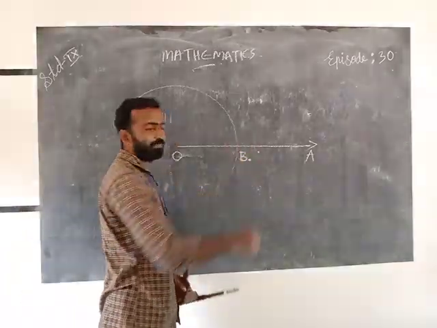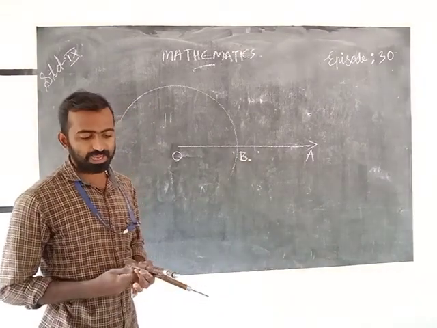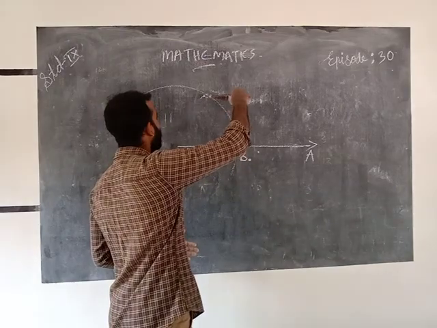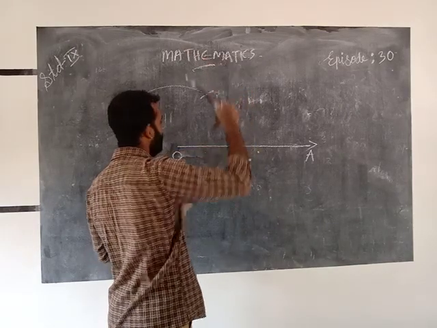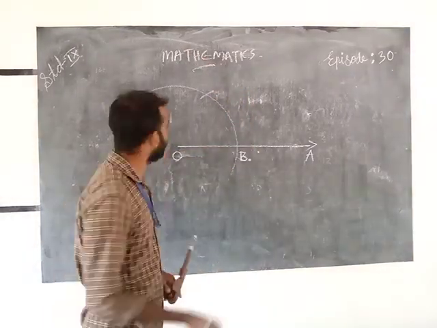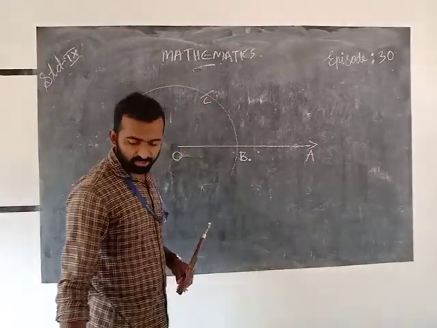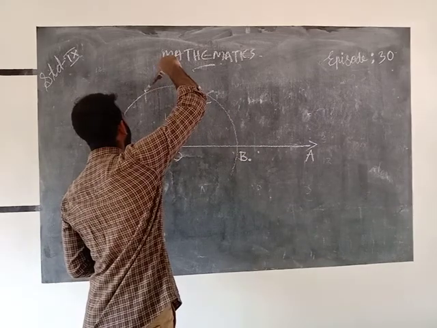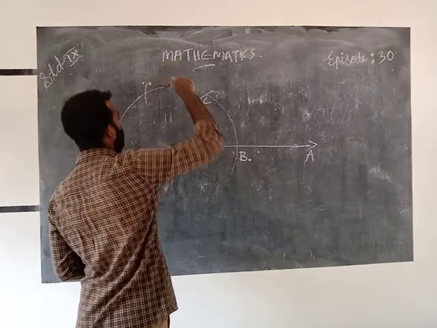This is B, and with the same radius we cut the arcs. This is naming C, and also we cut the arcs. This is D.